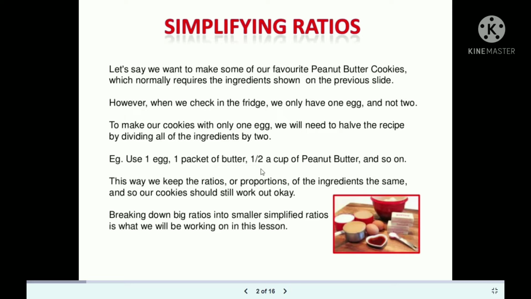This way, we keep the ratios or proportions of the ingredients the same, and so our cookies should still work out okay. Breaking down the ratios into smaller simplified ratios is what we will be working on in this lesson, right?